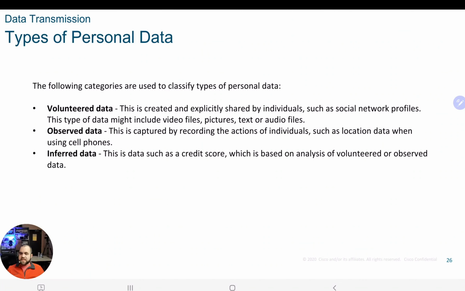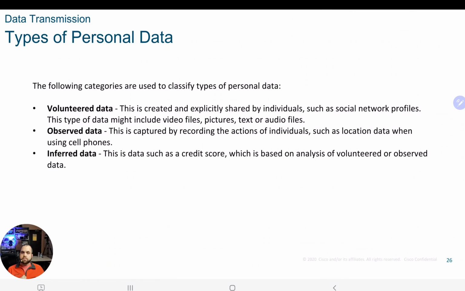That's where we use this data to create our attack for penetration testing and stuff like that. Observed data is data that is captured by recording. Whenever you download an app, you probably have to accept permissions, like location permissions or something about data. That location is going to be observed data.